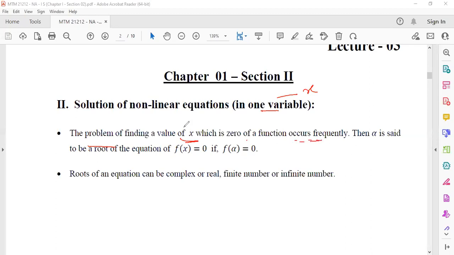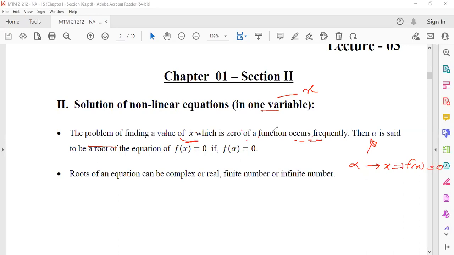Let's say that the value of x which gives the function 0 we call alpha. Alpha is the value of x where, if you put that value into this function, it will give us 0.